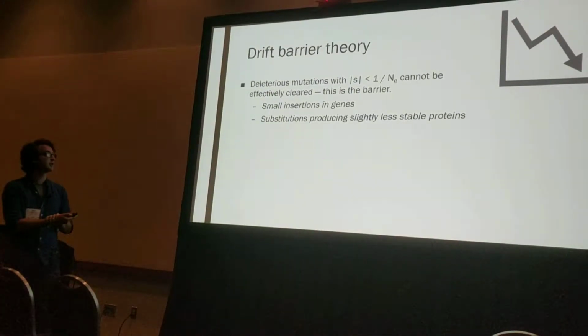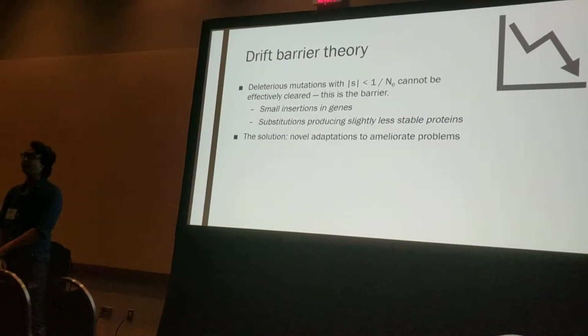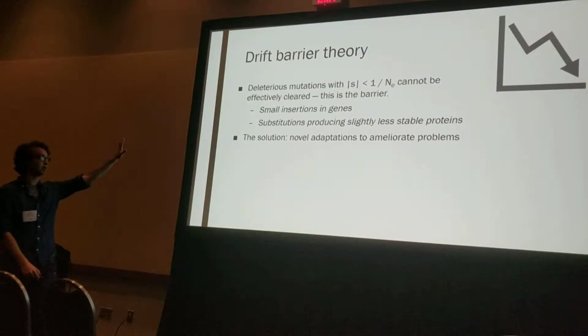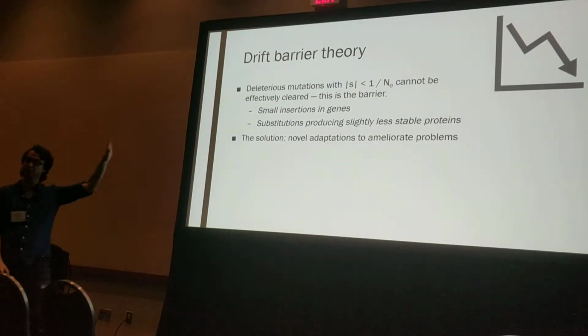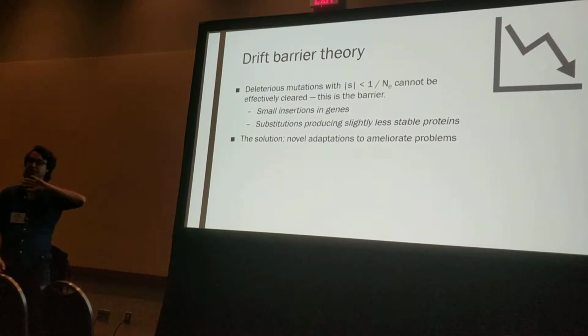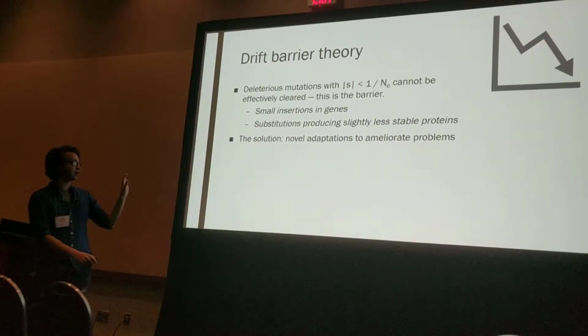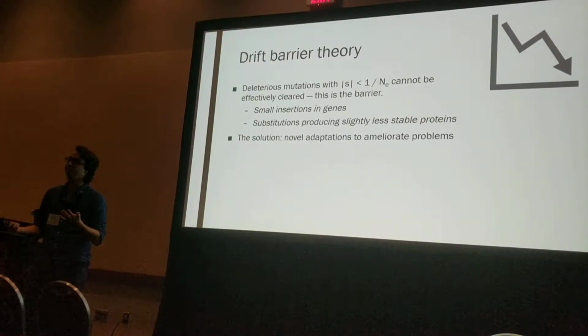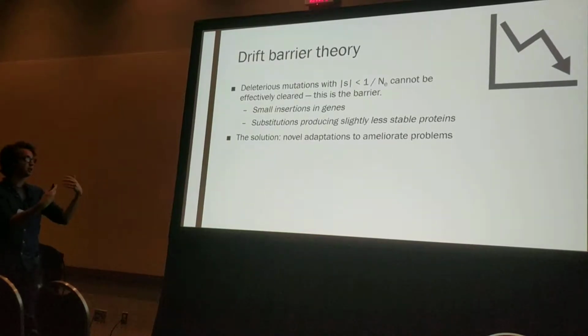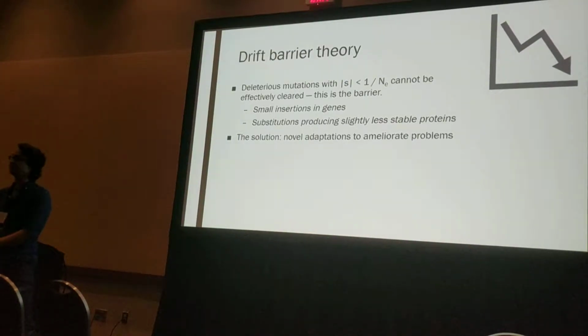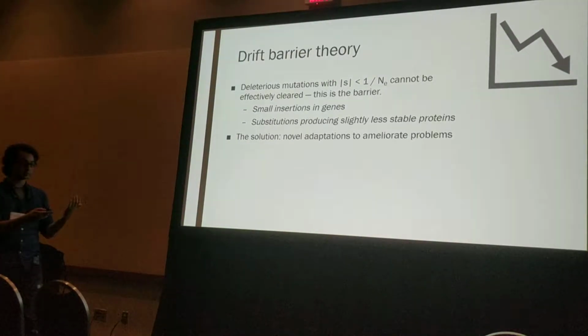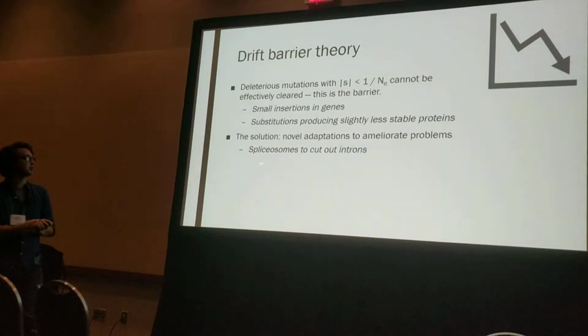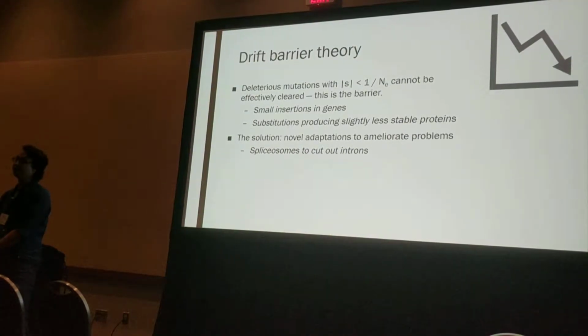And the solution that drift barrier theory proposes is that in general, anytime you have this problem where things are landing under the drift barrier, you have to get around this with some kind of novel adaptation. Because you can't deal with all those individual problems with selection, you have to come up with something new. For example, you might come up with spliceosomes, and now you have introns.